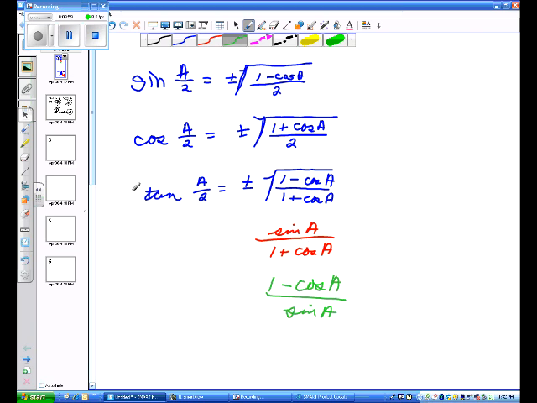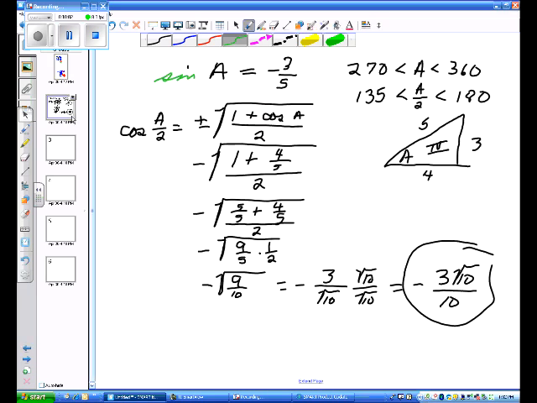And I'm going to use the 1 minus cosine A over sine A. So the tangent of half of A is equal to 1 minus cosine A over sine A, which would be 1 minus, now the cosine of A was 4/5, and it's a positive number. The sine of A was negative 3/5.